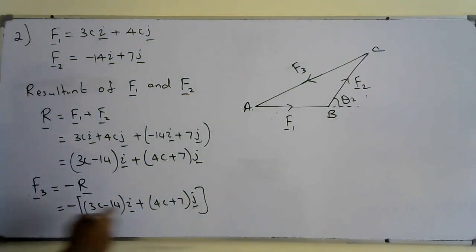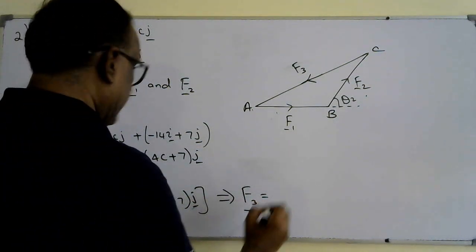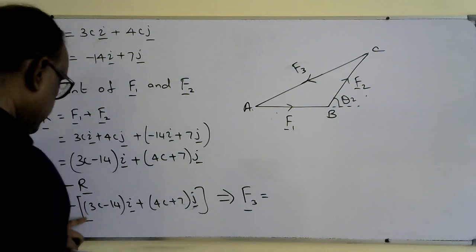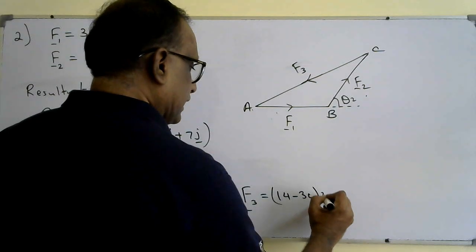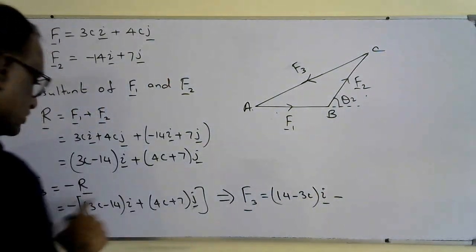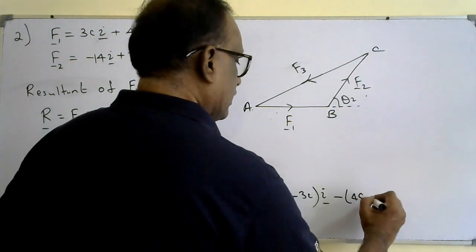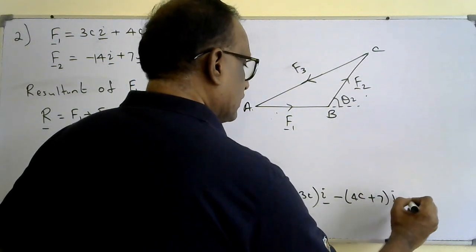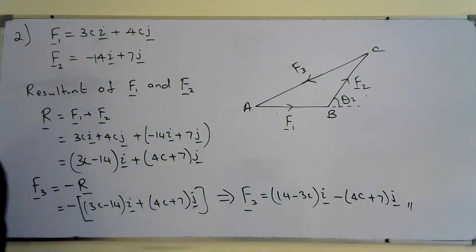So finally the vector force F3 is going to be (14 minus 3c)i minus (4c plus 7)j. That is the force F3.